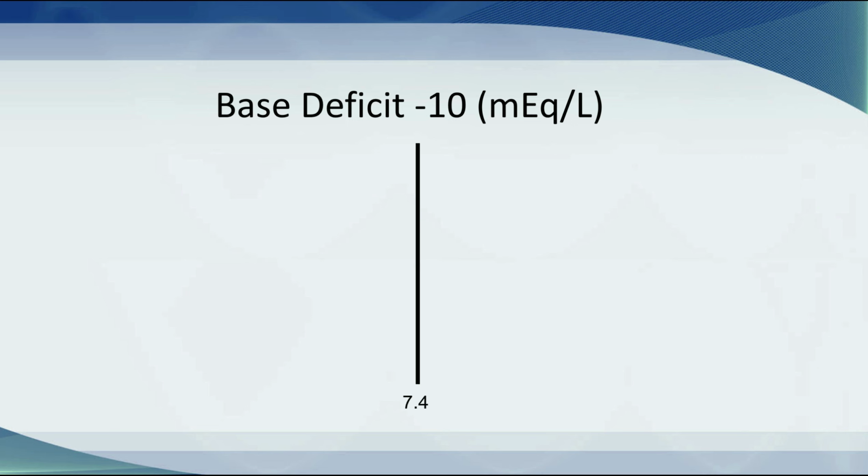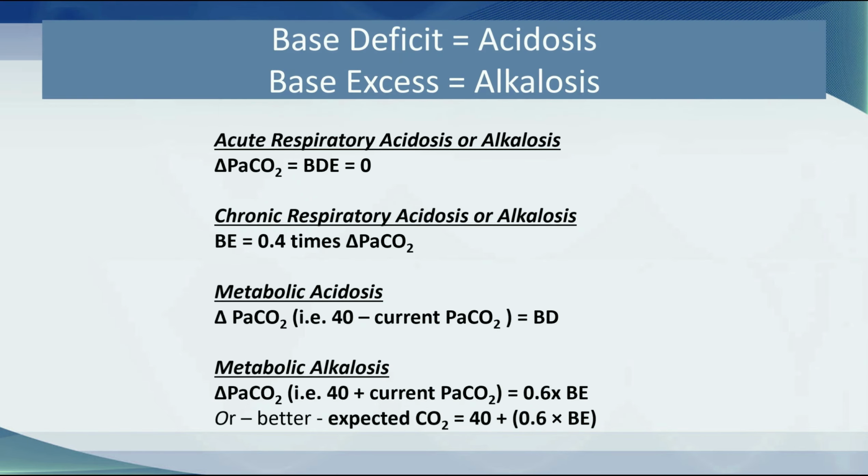When you look down your blood gas, if that's a negative number, there is likely a metabolic acidosis present. If there is a positive number, there is likely a metabolic alkalosis present. And the reason for this is that with the way this particular system works, for acute respiratory acidosis or alkalosis, the change in the carbon dioxide tension of blood has no impact on the base deficit or the base excess.